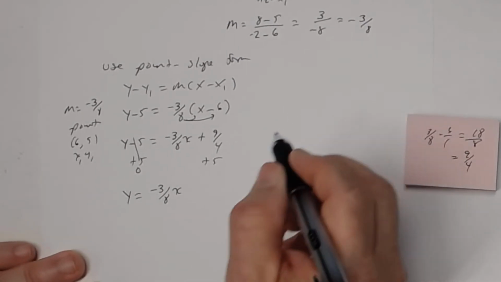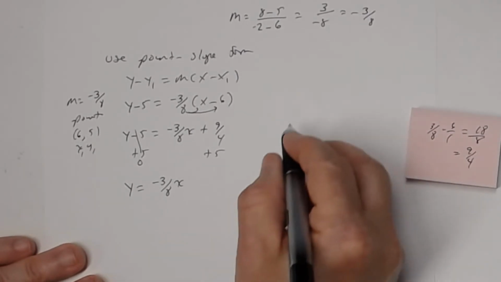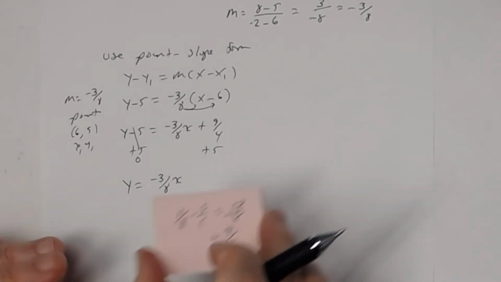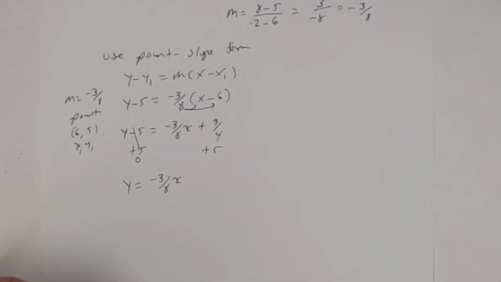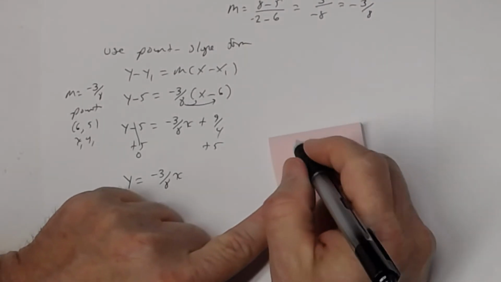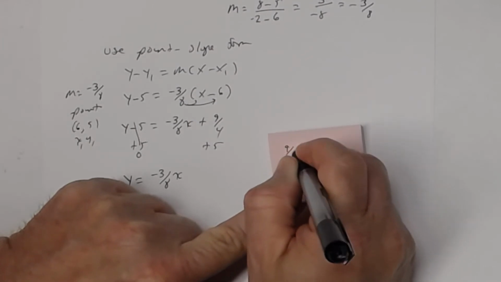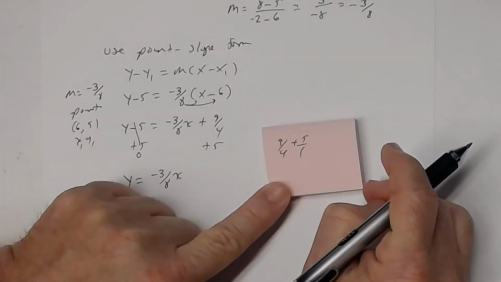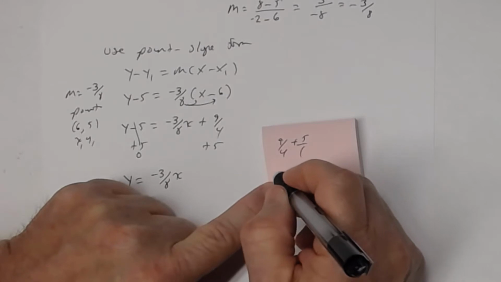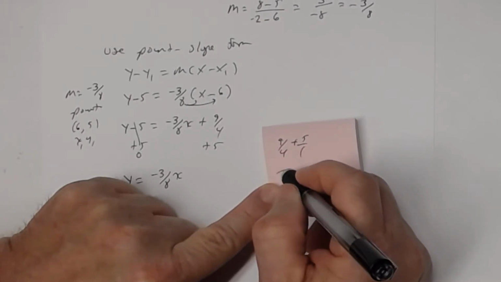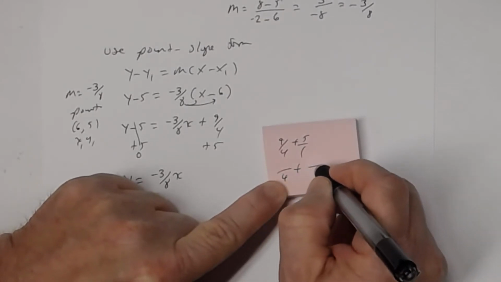So let's go ahead and let me just do it on here. So 9/4 plus 5 divided by 1. The LCD is 4, so you're going to write two fractions with the denominator being 4.